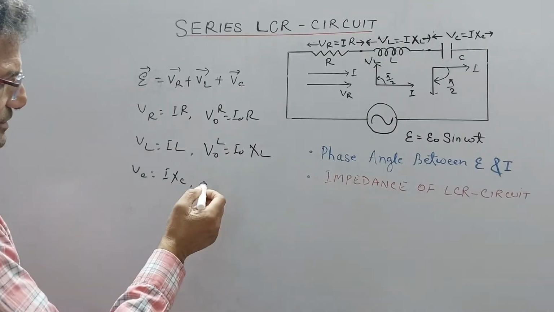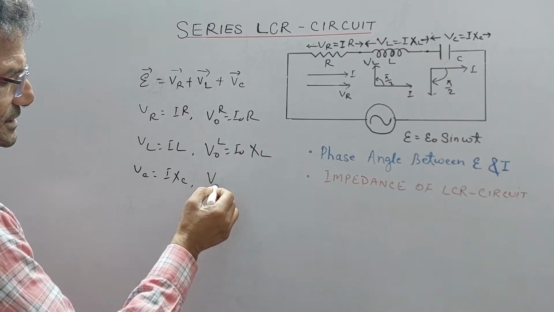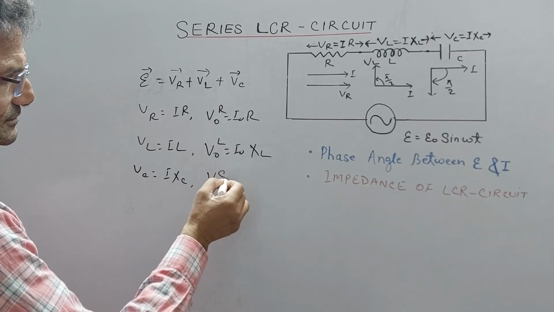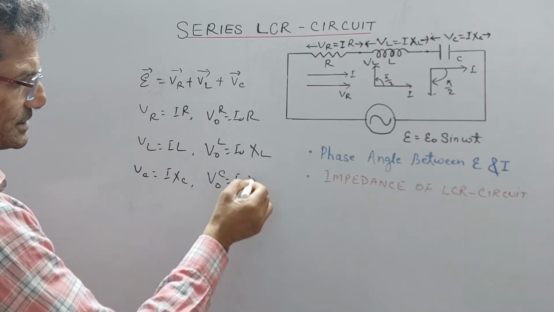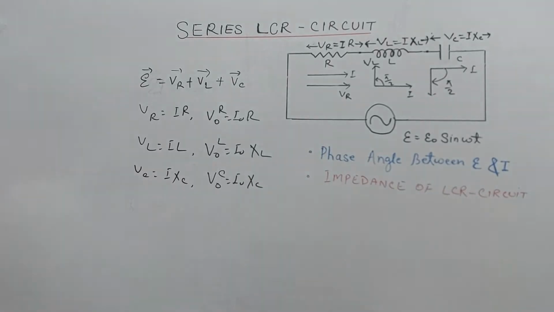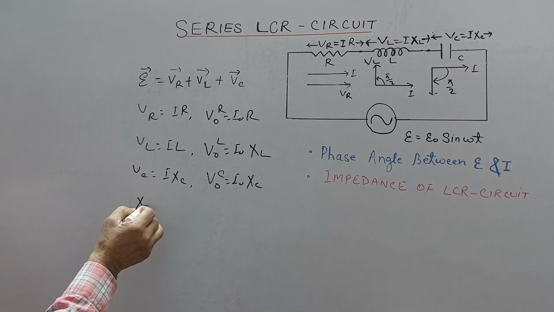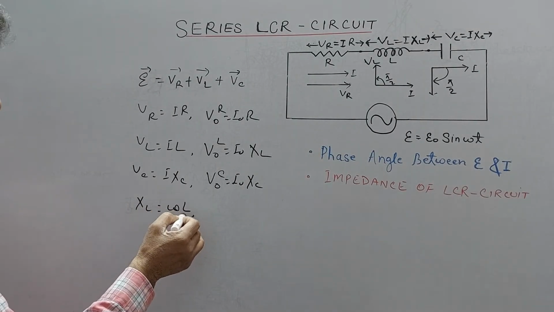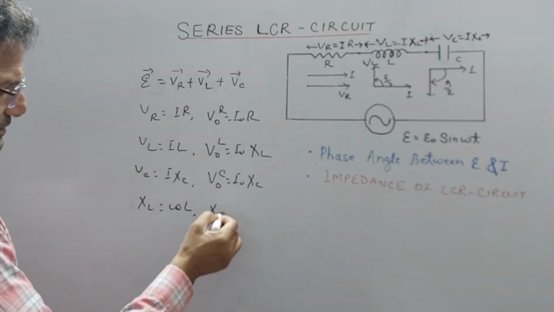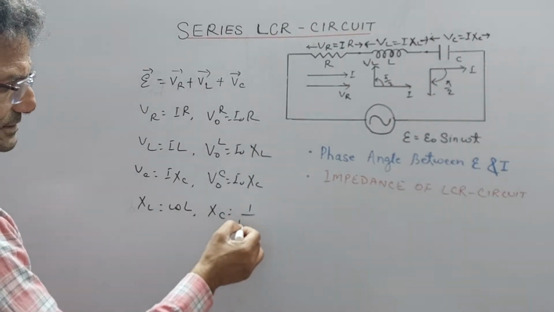So the maximum voltage across the capacitor we represent like this: I naught XC. We already know that XL has the value omega L and XC is 1 by omega C.